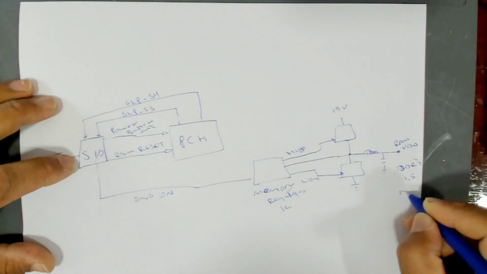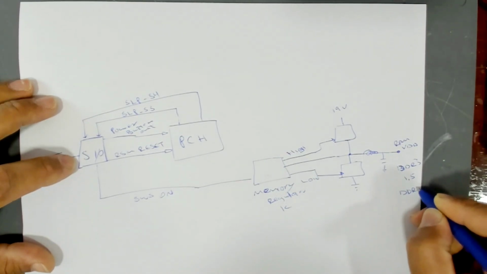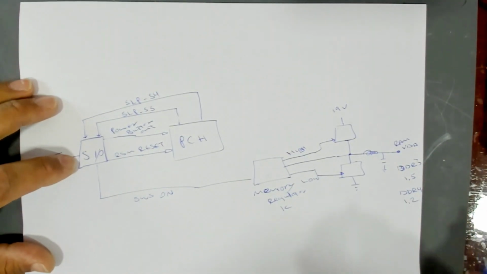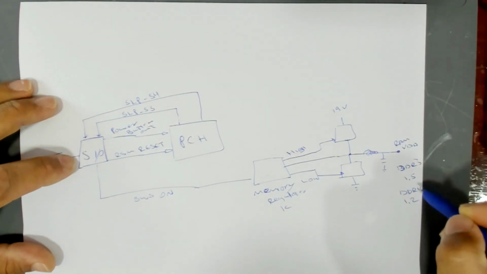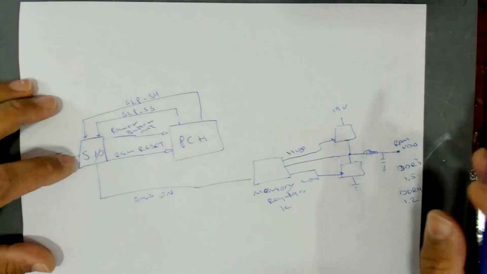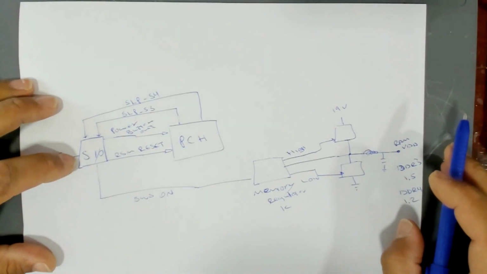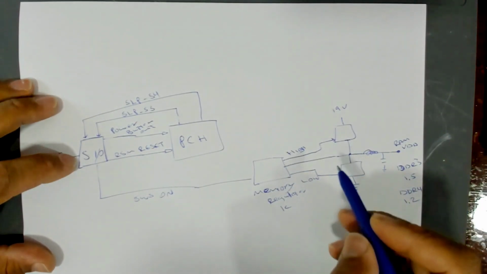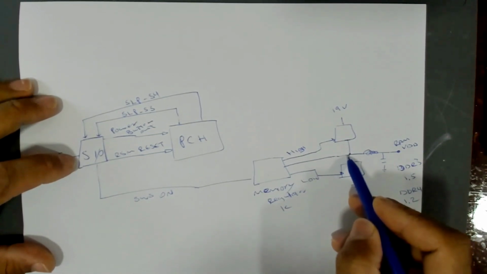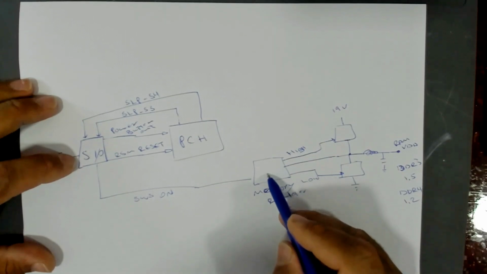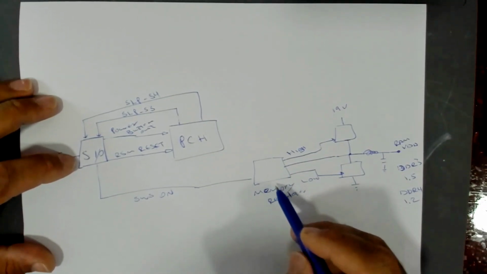If it is DDR4, for example, it should be 1.2 volts, like that. So the voltage here depends on what RAM is used on that specific motherboard. Also, the output of these two MOSFETs is getting monitored by the memory regulator IC.